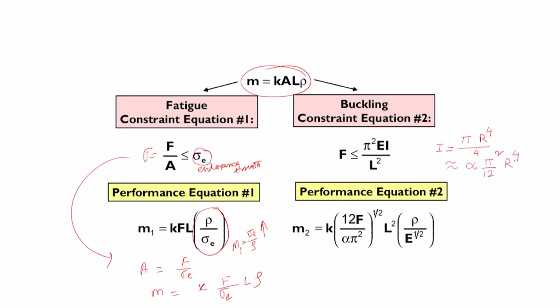So, alpha is a geometry factor of the rod, and then substitute it in this equation, carry out exactly what we have done earlier, you will come up with rho over square root of E, which means the m2 in this case is E to the power half over rho, which you need to maximize. So, in one case sigma E over rho, in another case E to the power half over rho.